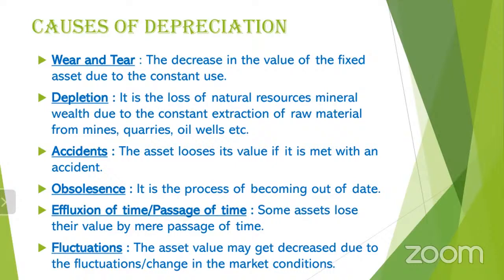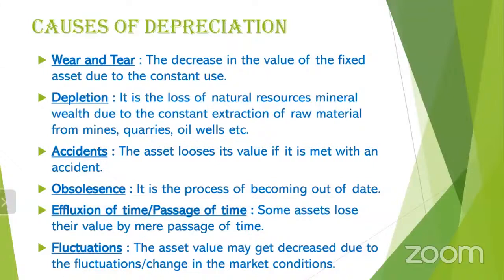Obsolescence. It is the process of becoming out of date. For example, if we purchase a car, new cars will come into the market, and we will be more interested in purchasing those new cars.